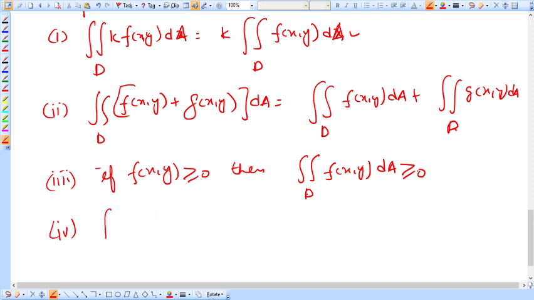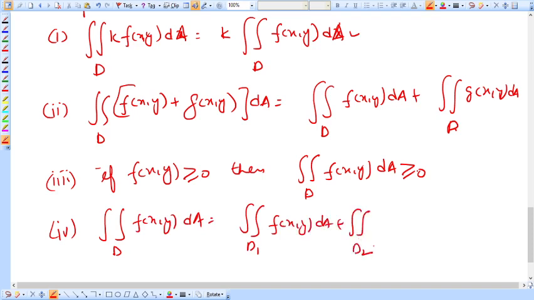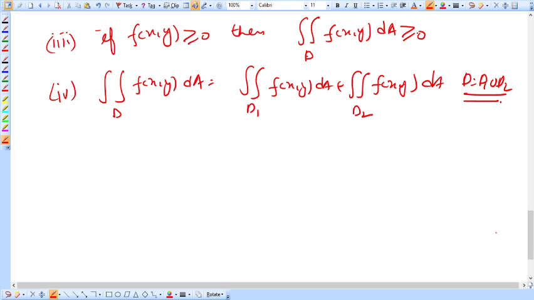So here you can break the set: the integral over D of f of xy dA is equal to the integral over D1 of f of xy dA plus the integral over D2 of f of xy dA, where D is equal to D1 union D2, right? So this is all about the properties.